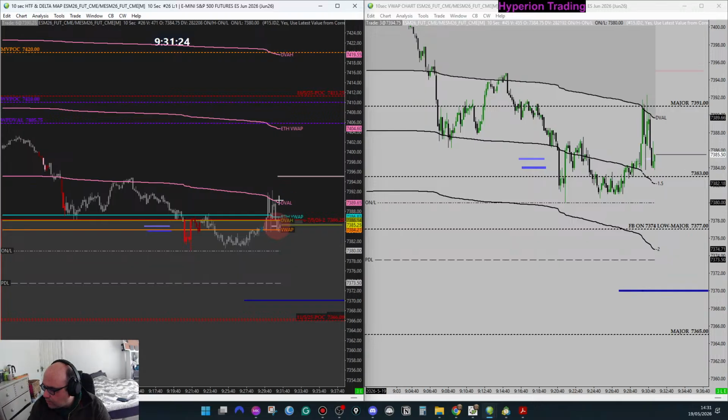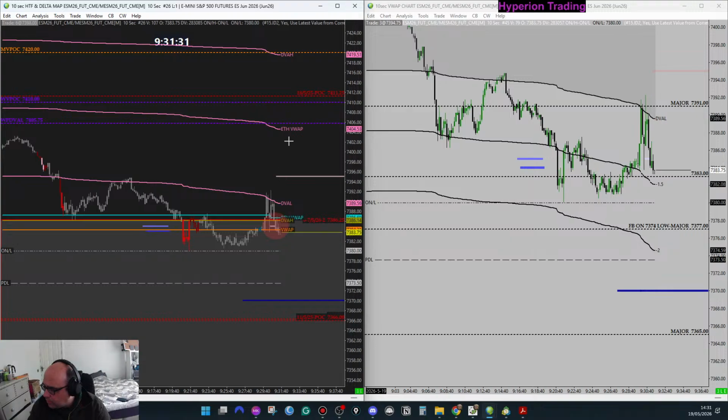This is basically what we call change of delivery, but we didn't see this order block holding and go higher.